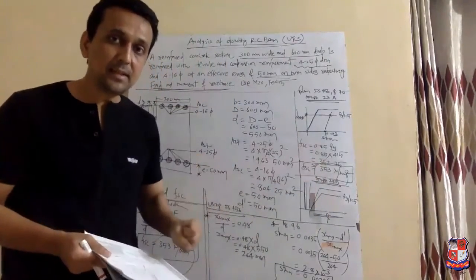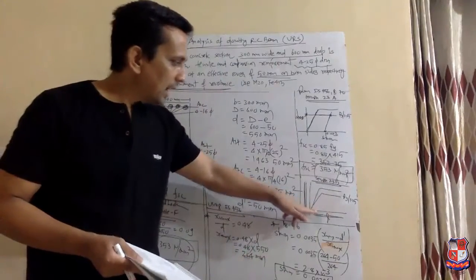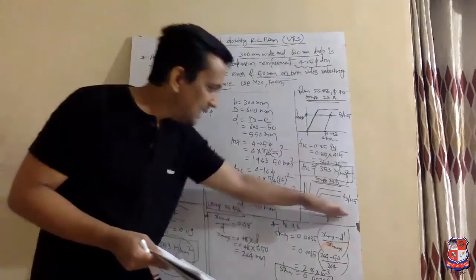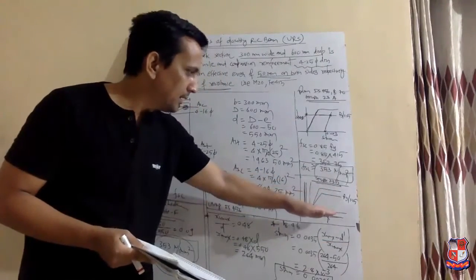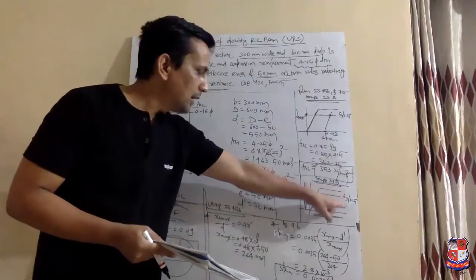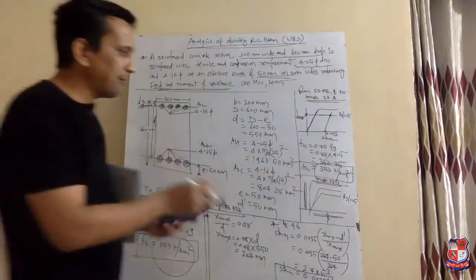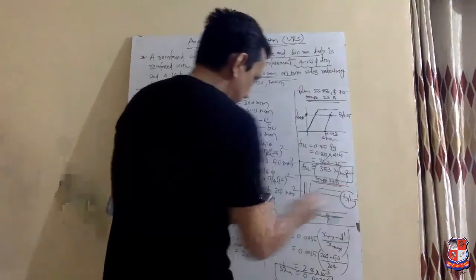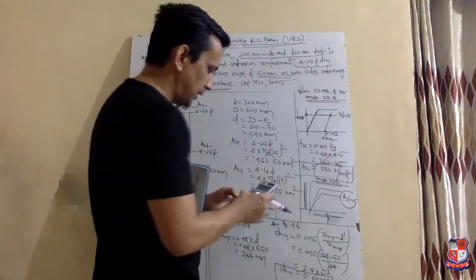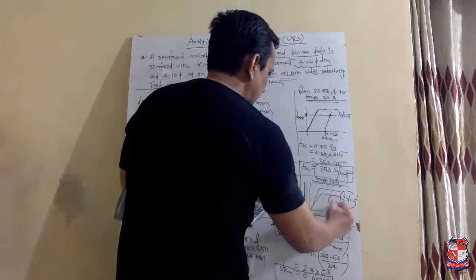What does that mean? It means that for any value of strain, we will get the stress value equal to Fy upon 1.15. Now Fy upon 1.15 means what? 1 divided by 1.15 is equal to 0.87, so 0.87 Fy.